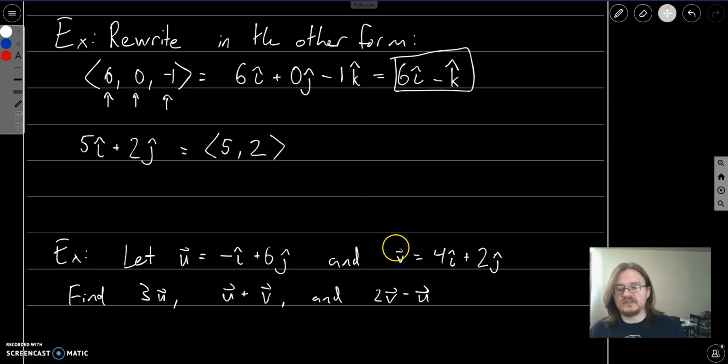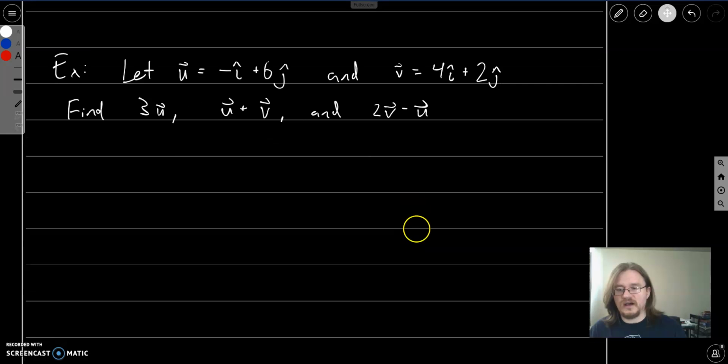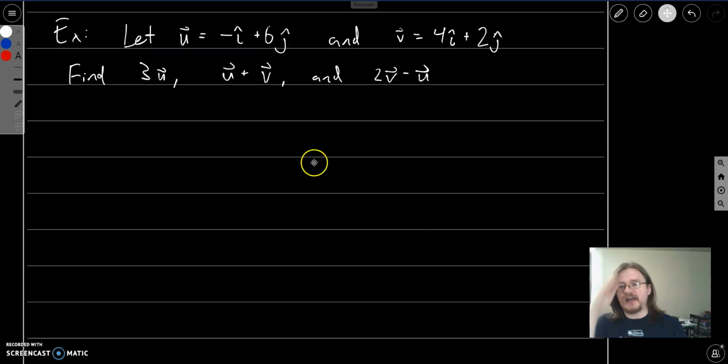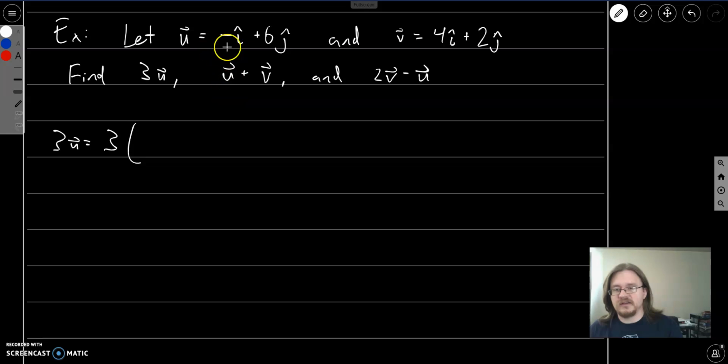But let's do some examples where we add these vectors together and multiply them by scalars. And I want to do this in terms of the i's and the j's. So if we want to find the vector 3 times u, it's going to be 3 times the vector -i plus 6j.